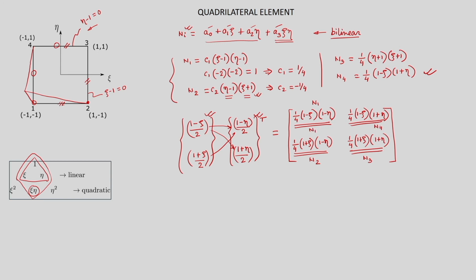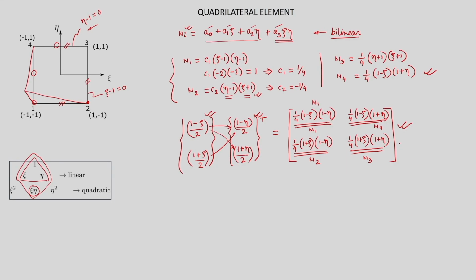Since we can obtain these shape functions from the tensor product of the corresponding shape functions in 1D, they are called the tensor product family of shape functions. Now we can take the derivatives and, following the earlier steps, calculate the stiffness entries and the force entries.